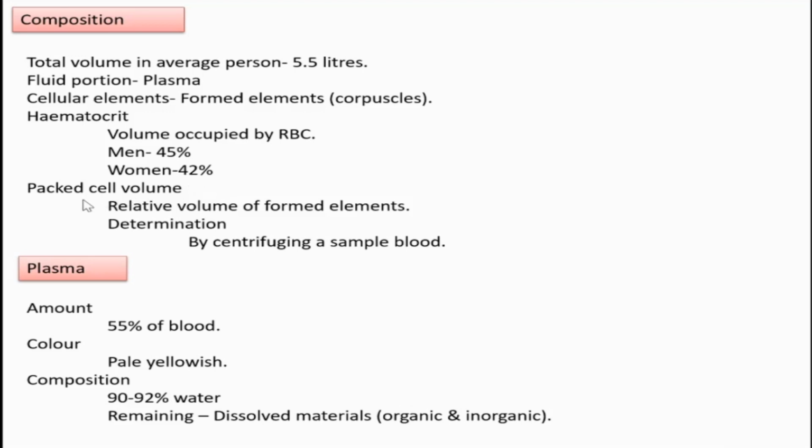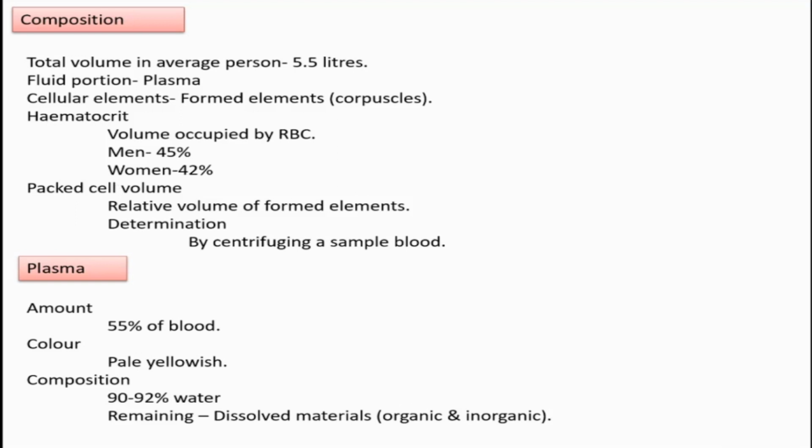Then what is packed cell volume? It is the relative volume of formed elements. So almost all formed elements together, what is their volume in blood? That's the packed cell volume.